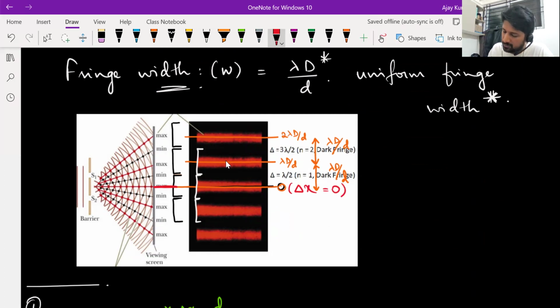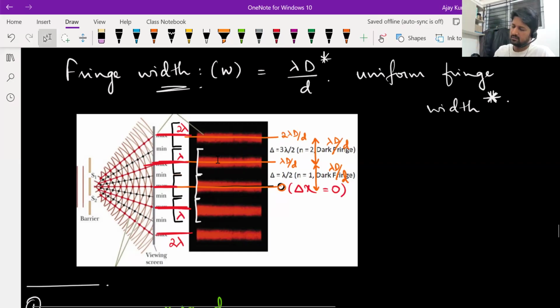But the point where the path difference is lambda will occur twice, once above O and once below O. The point where the path difference is 2 lambda will also occur twice if the screen is long enough on both sides. We are assuming an infinitely large screen.